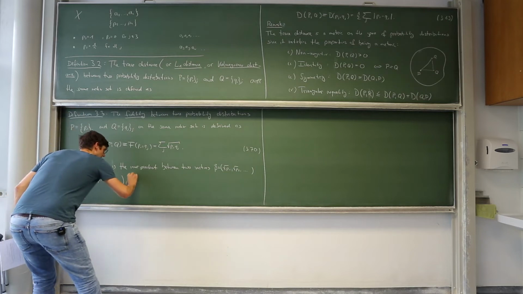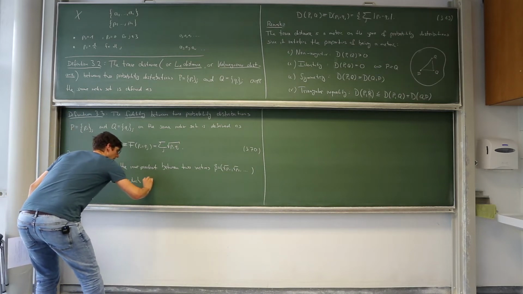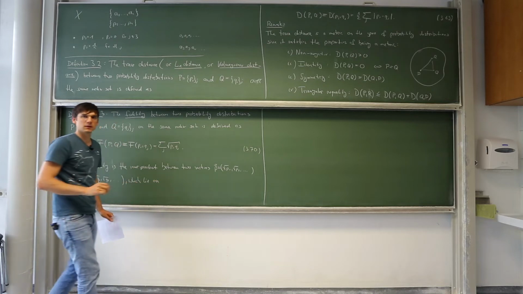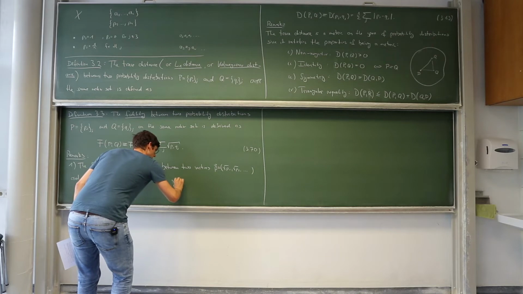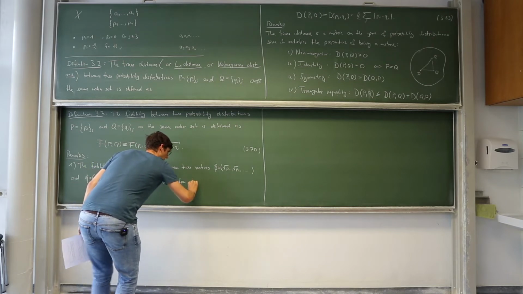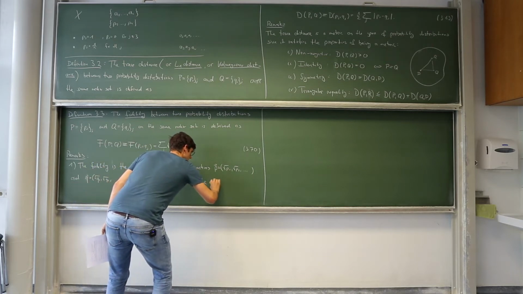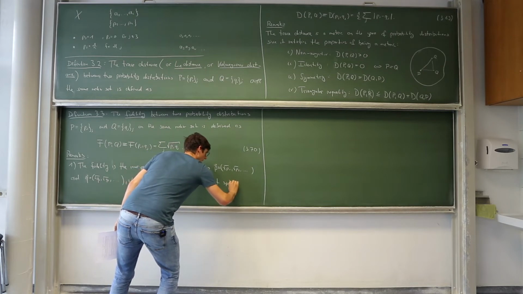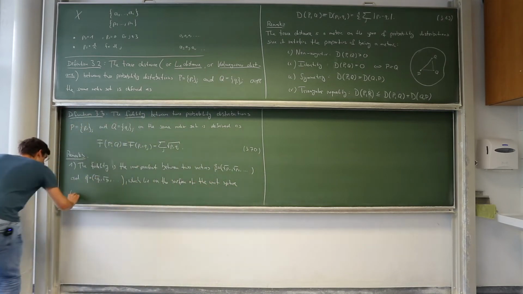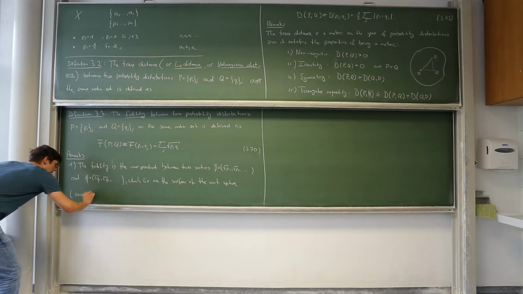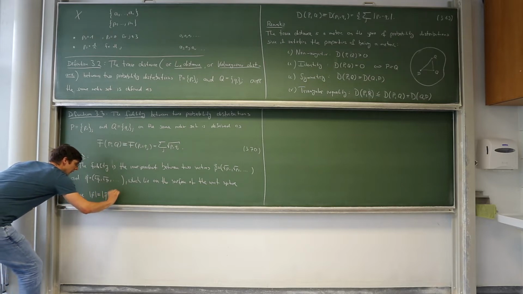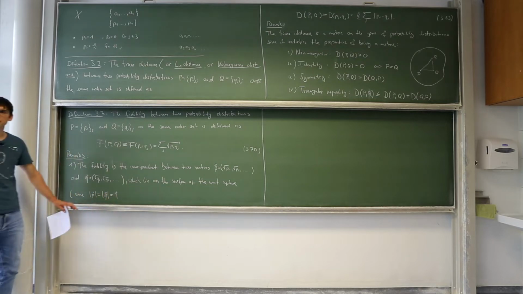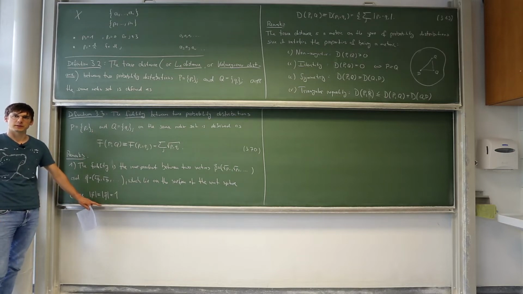And they lie on the surface of the unit sphere, right? This is since, if we take the modulus of these vectors, then we simply sum over all probabilities, and this gives us 1 because we're dealing with a probability distribution.